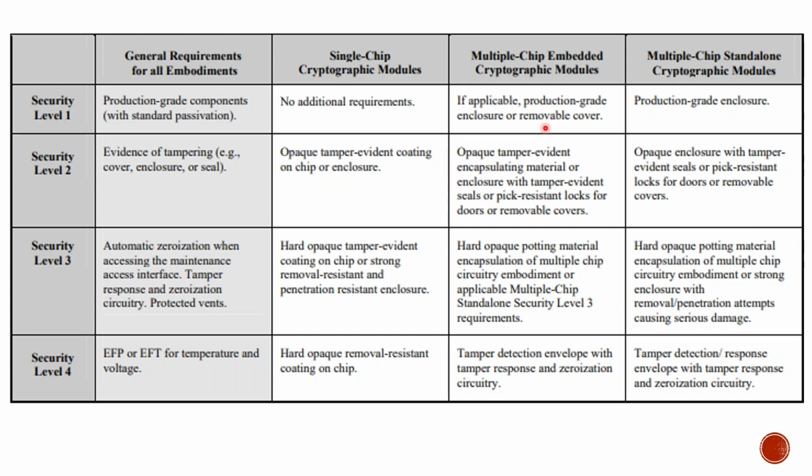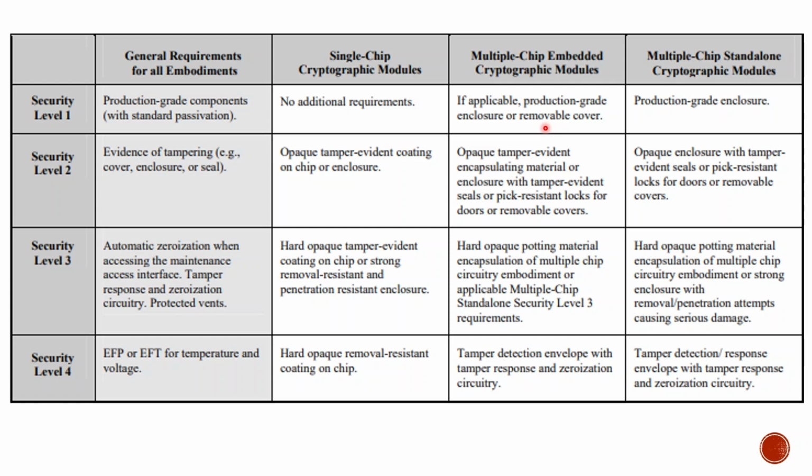The component can be covered with a tamper evident coating or potting material that is resistant to etching or tampering attempts, etc. The module can be encased in a tamper evident enclosure that basically does not allow any unauthorized access and provides evidence for tampering.